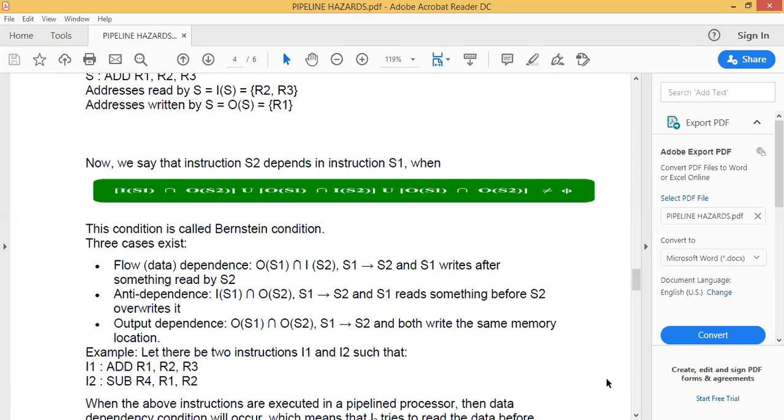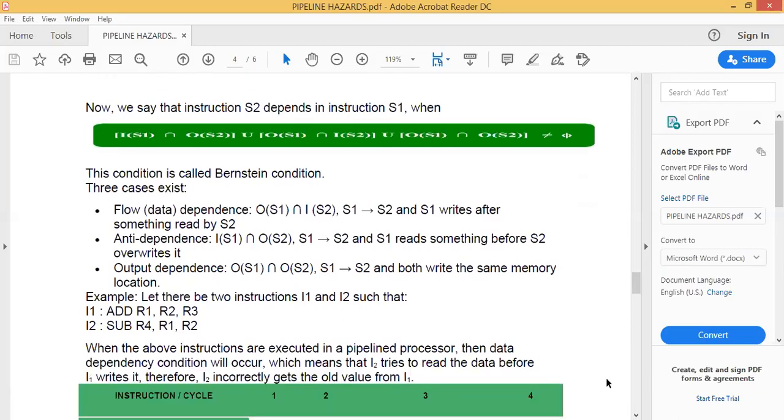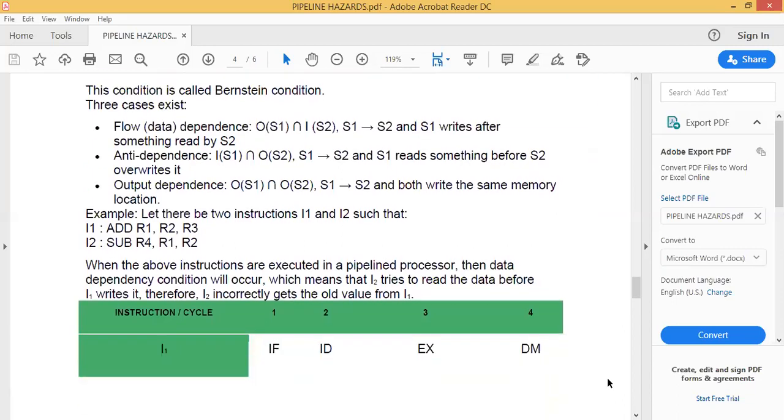So let there be two instructions I1 and I2 such that add R1, R2, R3 and sub R4, R1, R2. When the above instructions are executed in a pipeline processor, the data dependency condition will occur, which means I2 tries to read the data before I1 writes it. Therefore, I2 gets the old value.